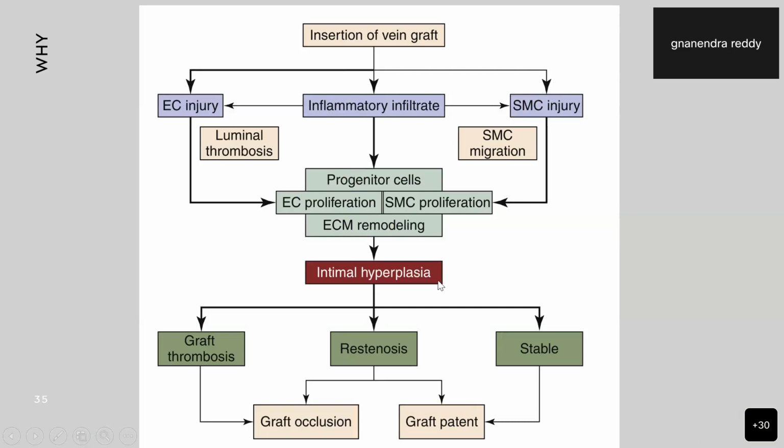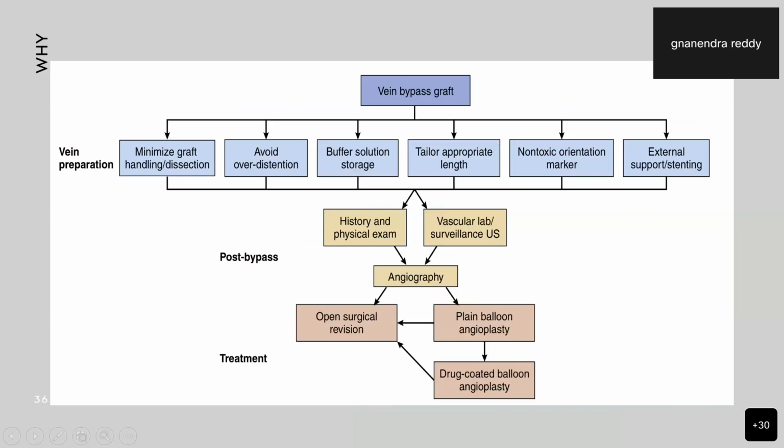If the intimal hyperplasia remains stable, then the graft remains patent for a long time. If the intimal hyperplasia is progressive, then the patient can have restenosis or present with graft occlusion.